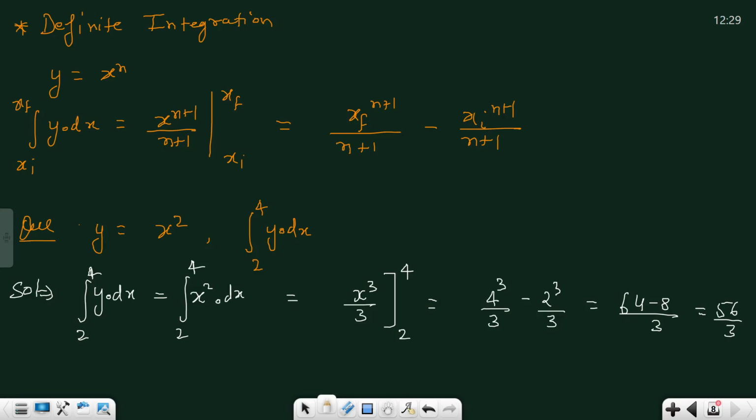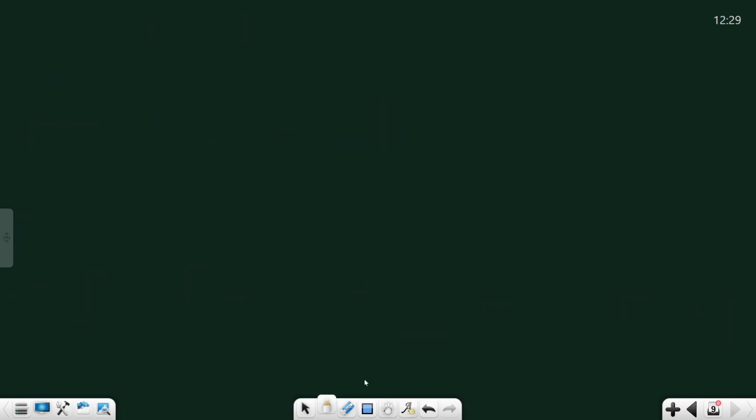I am giving you the next question and I just need the answer from your side. Y is equals to x to the power, not x to the power 3, easy, I will give you the easy one. 3x square plus 5x to the power 4. You have to integrate the function.